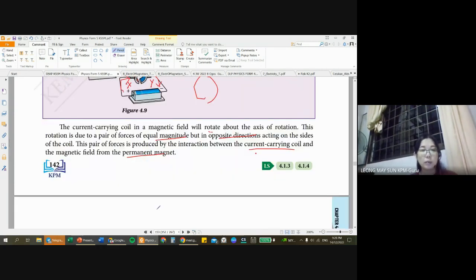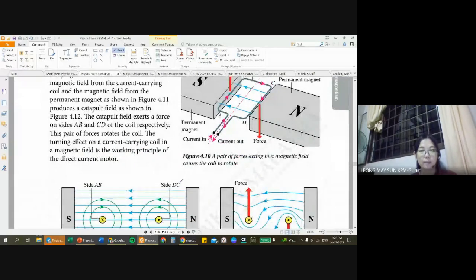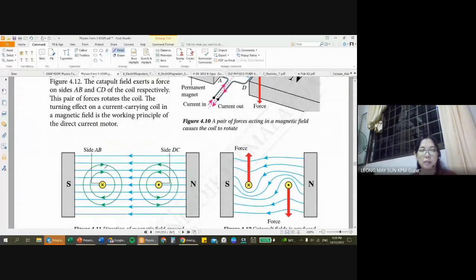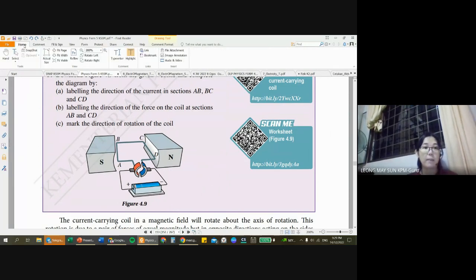Okay, so we're going to discuss how this works. Okay, so this is north-south, current entering. I'm going to use back this image here, and I'm going to screenshot this so that I can draw this on my PowerPoint slide.